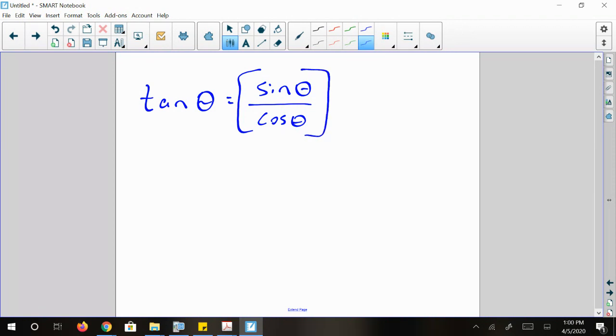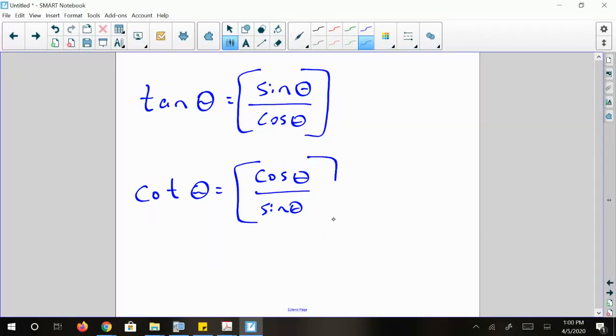You'll see what I mean as we get going. And cotangent of theta is the same thing as cosine of theta divided by sine of theta. Anytime we see a cotangent of theta, we can replace it with cosine over sine.